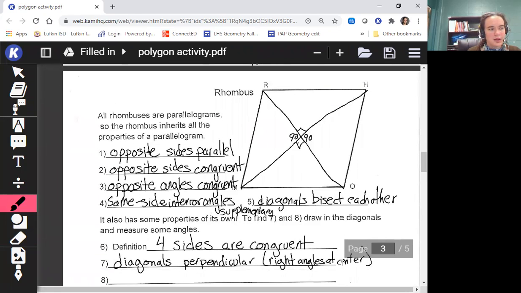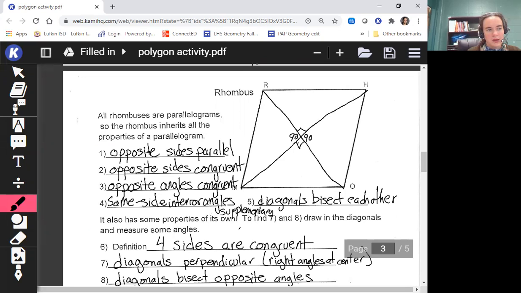Our other property for a rhombus would come from measuring these smaller angles here, where the diagonal cuts the corner of the larger angle. And you would find that your diagonals bisect your opposite angles. So we already knew that our opposite angles were congruent.